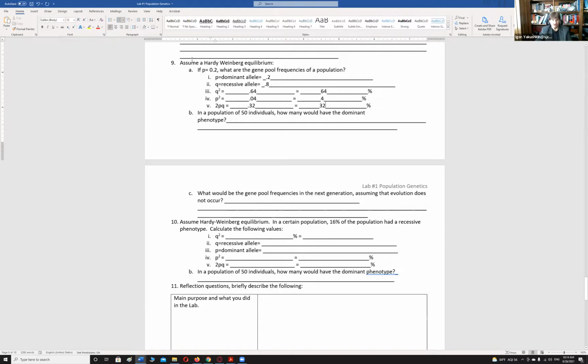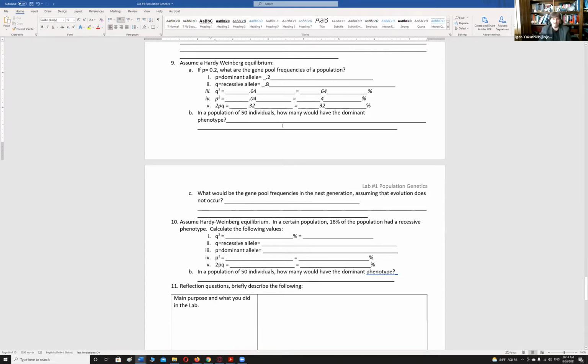We did it correctly. If you don't want decimals, you can add up the percentages, and they have to equal 100%. 64 plus 4 is 68, 68 plus 32 is 100%. If you got something more or less, you did something wrong. Double check your math, always. That's the easy part, right?